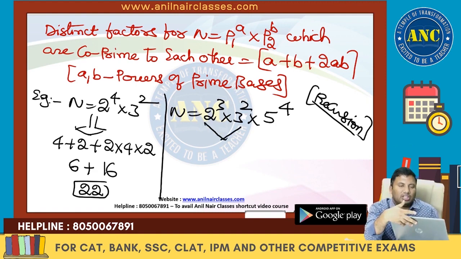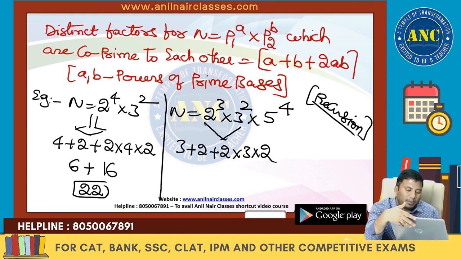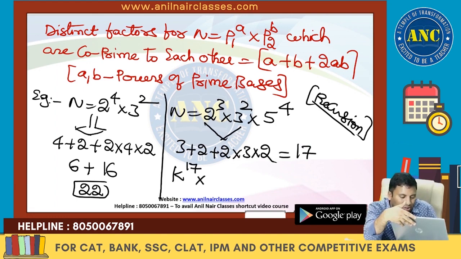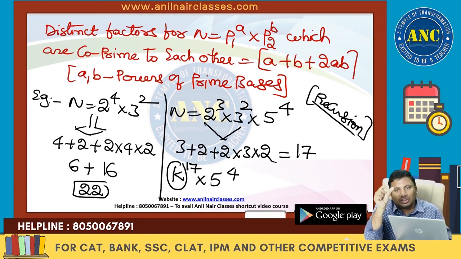If I take these 2, factors which are co-prime with 2 and 3: A plus B plus 2AB, which I got 17 here. K power 17 into 5 power 4. What is this K? K is nothing but a set which are co-prime with 2 and 3.